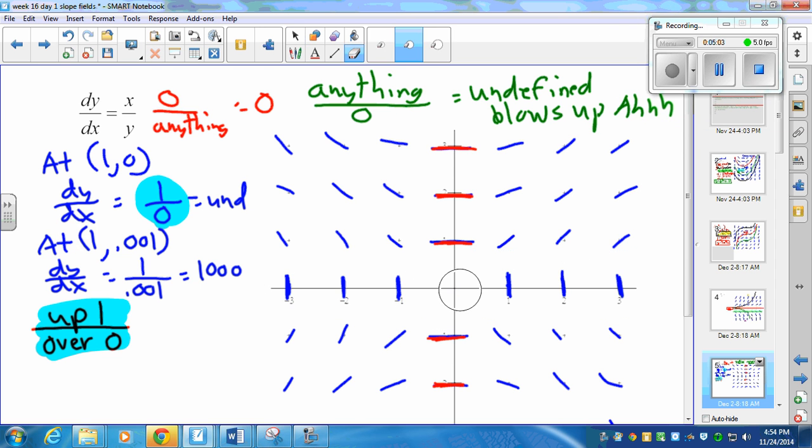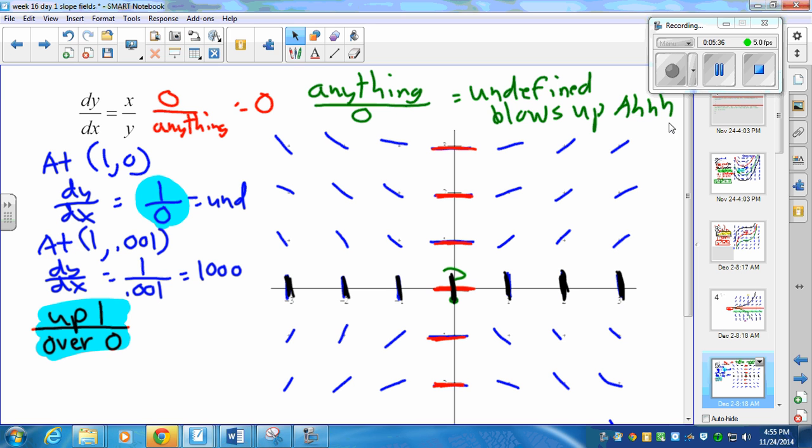Here's the issue though. The one guy that you cannot say anything about is right there at the origin, because it's kind of a debate. I totally get that it could be the red version, because 0 divided by anything is 0. But I also totally get how it could be the vertical version, because anything divided by 0 is a vertical slope.